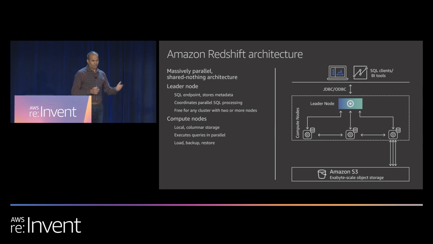It also has a catalog of all the information, and it sends the job down to what are called compute nodes. Compute nodes have a slice of data, and they're responsible for executing their portion of the query on their own and then sending the result back to the leader node. So effectively, you can think of compute nodes as the ones doing most of the computation. The leader node is responsible for coordination and communication back to the client.